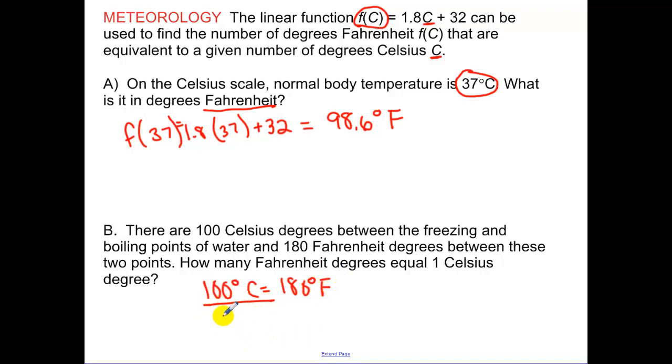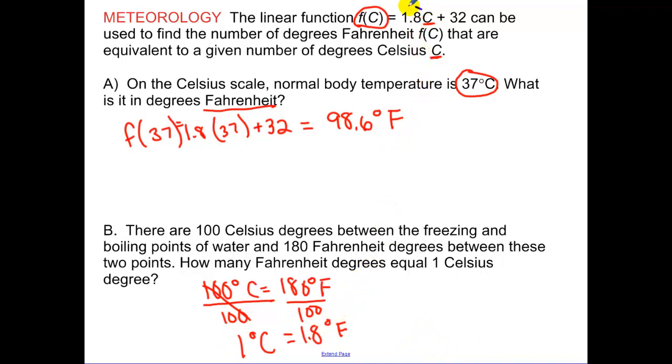If I divide by 100, that cancels out, and I just have 1 degree Celsius on the left. When I divide there, I have 1.8 degrees Fahrenheit. So 1 degree Celsius refers to 1.8 degrees Fahrenheit.